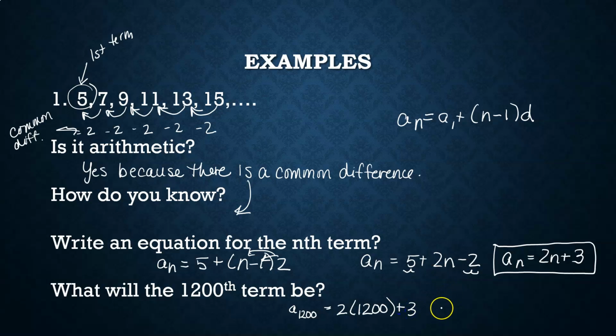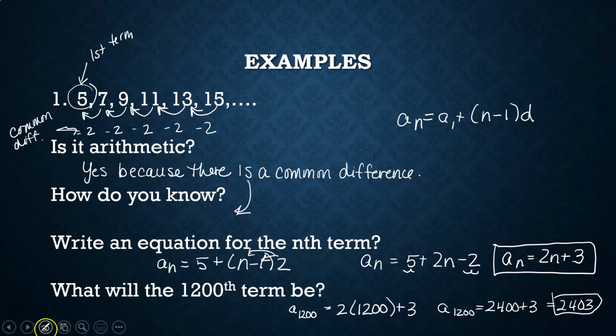So we get a sub 1,200 equals 2,400 plus 3, or 2,403. So what that means is if I kept going in this manner with my common difference of 2, my 1,200th term would be 2,403. Instead of counting, going up that way, we can use this formula and get to that number.